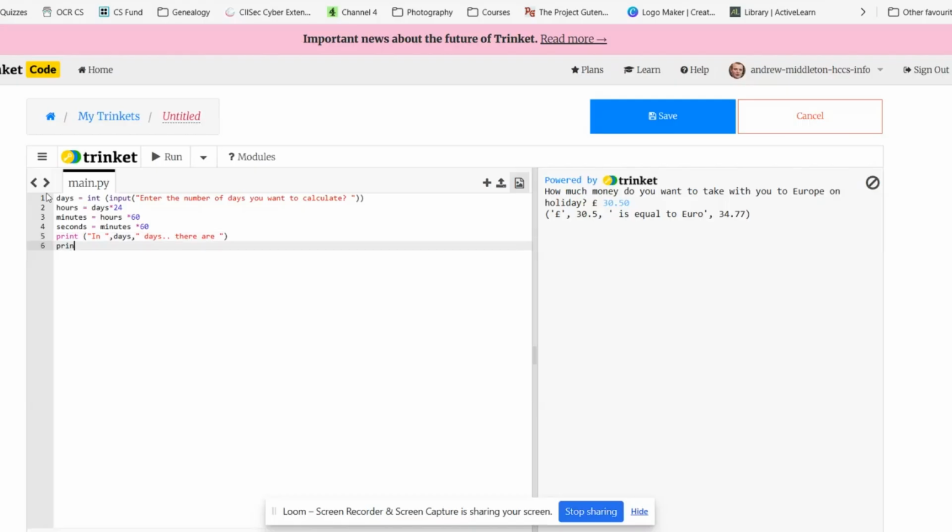I'm going to put them separately, just simply because otherwise the print's going to become unwieldy. And I'm going to put there are hours. Print minutes. Print seconds.